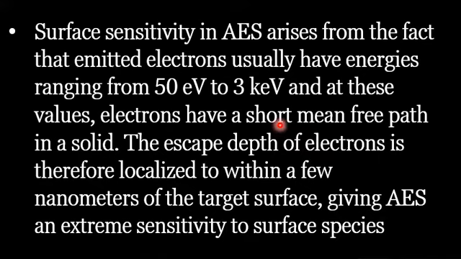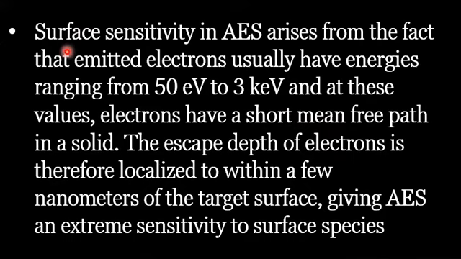So as a result, the depth from which Auger electrons will be released from the material will be less, because the electrons vanish when they collide, and at the end you will get fewer Auger electrons. Which means that the Auger electrons are limited to a very small, very few nanometers of the surface of the material.